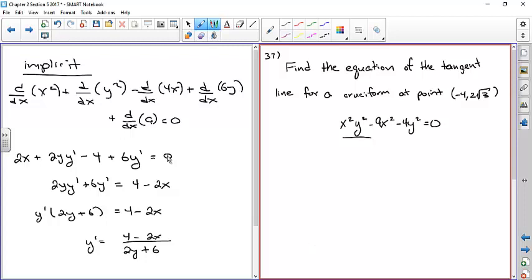Just like we did over here, you can do the implicit differentiation, which actually has a term that looks very similar to what we have. Group the terms of y prime on one side, factor out the y prime, and then solve for it. So you've got the procedure there on your left-hand side to follow if you're forgetting what you're doing.